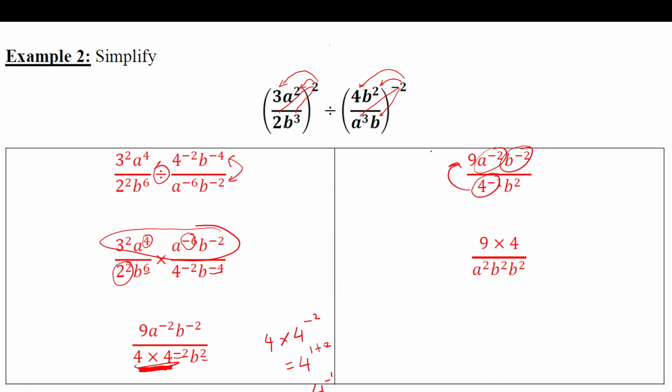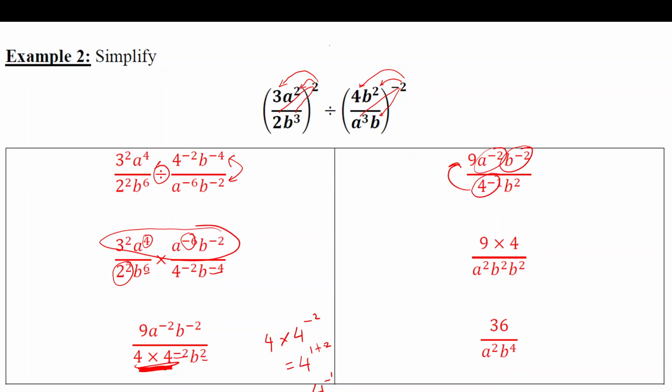Okay, so whenever you change the sign, you just bring it to the top or to the bottom. Okay, so now we've got 9 times 4, and we've got a squared, b squared, b squared. In which case we know that 9 times 4 is 36, and b squared times b squared is just b to the 4. And so we leave it at that.